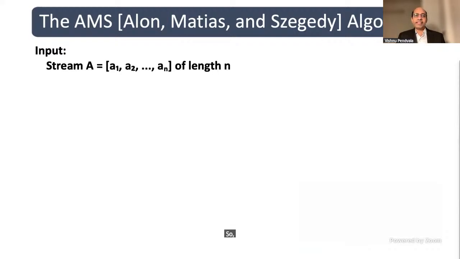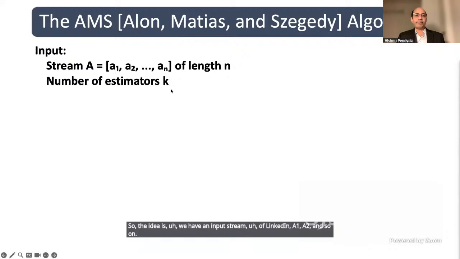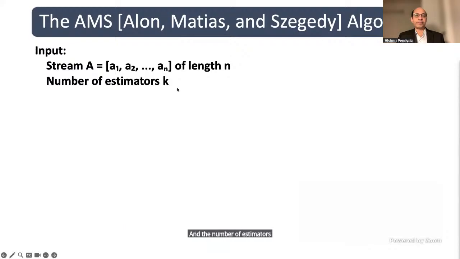So the idea is we have an input stream of length n, a1, a2, and so on. We keep track of a number of estimators, right? Okay, we'll talk about what an estimator is. So k is the number of estimators. And then we initialize.